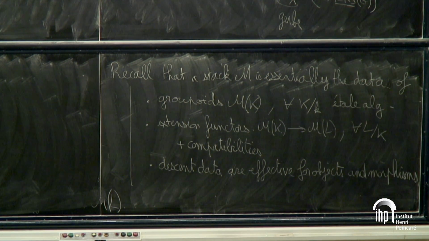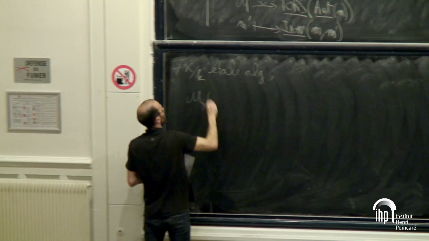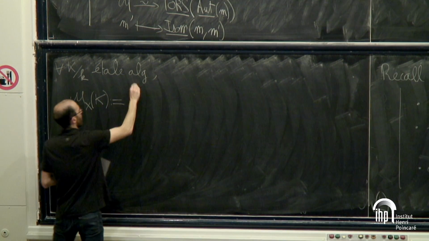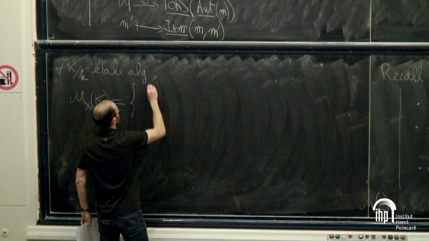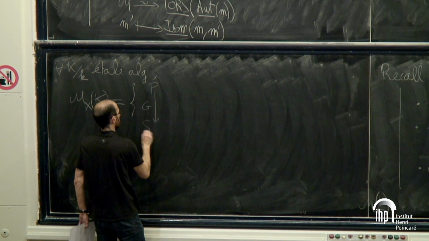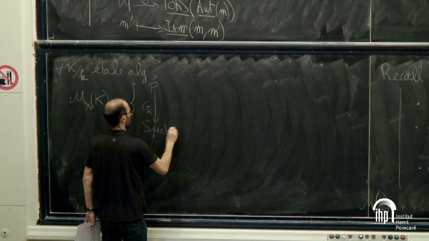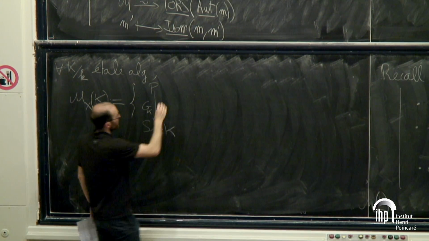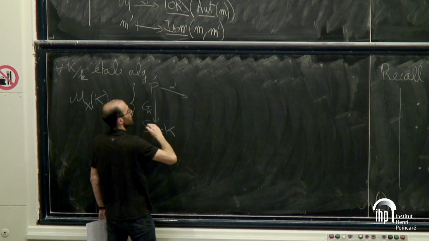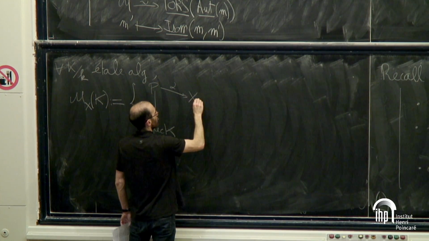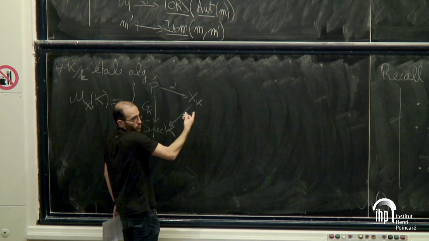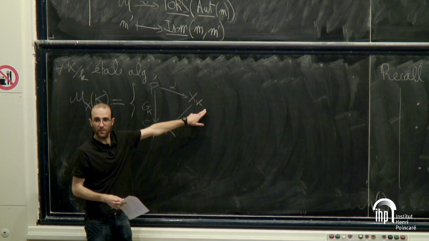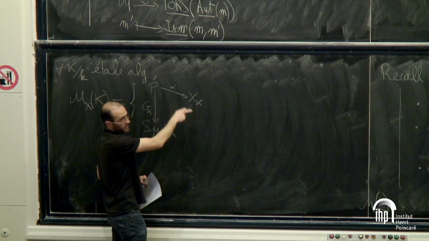So given an étale algebra K as before, what is M_X of K? This is just the category of G_K-torsors over Spec of capital K, except that you consider torsors equipped with a morphism alpha to the given homogeneous space under G. This is the natural map, the structure map of the homogeneous space extended to capital K.